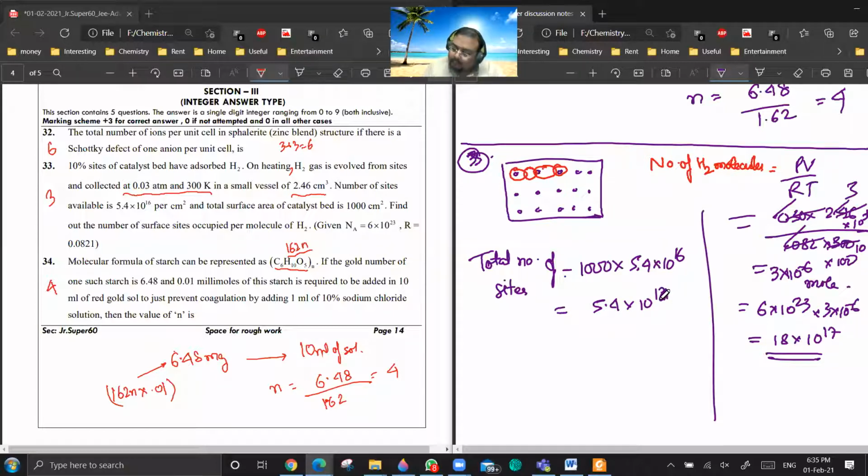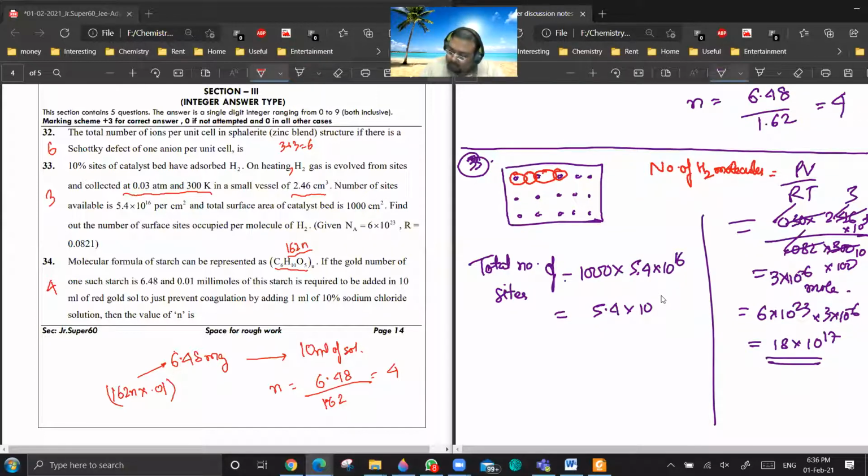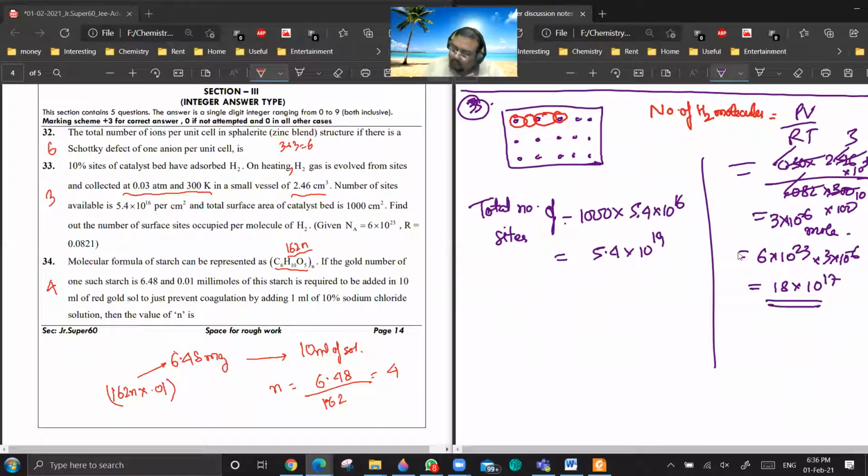So that is basically 54 into 10 to the power 18.